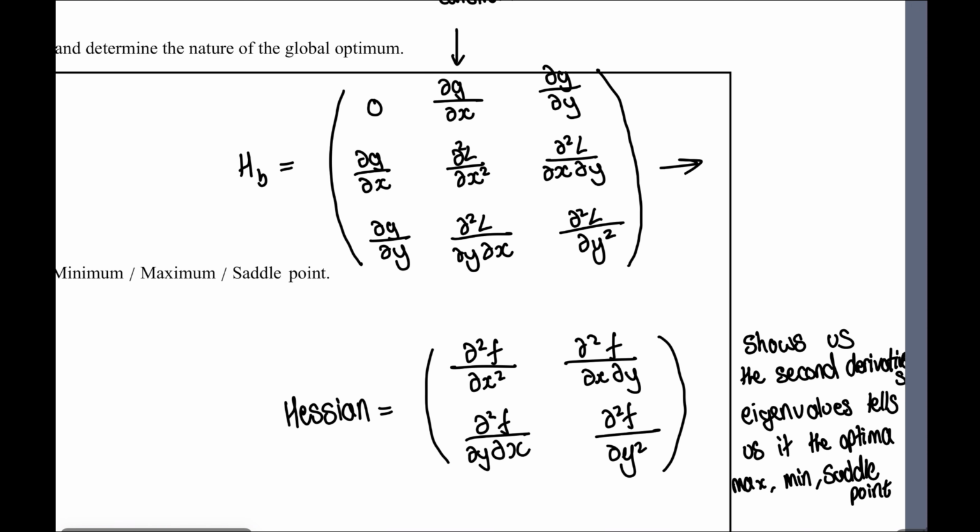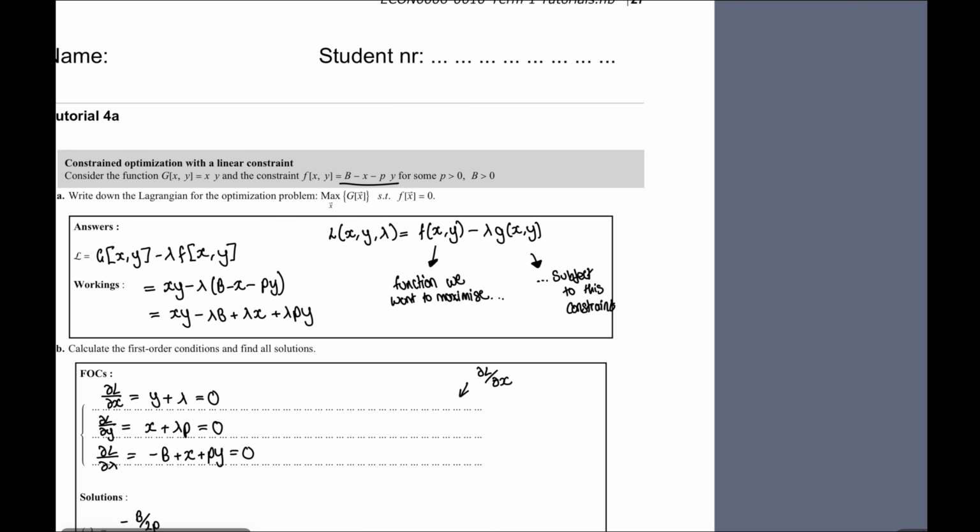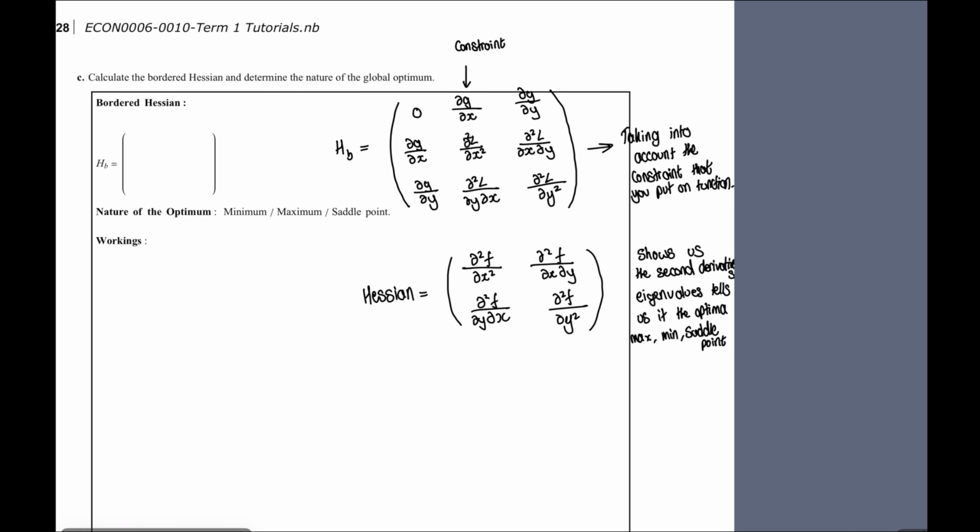A bordered Hessian is doing the same thing, but it's taking into account the constraint that you put on a function. So in this question, we had a constraint which was b minus x minus py. So the bordered Hessian takes that into account when trying to determine the nature of the optimum.